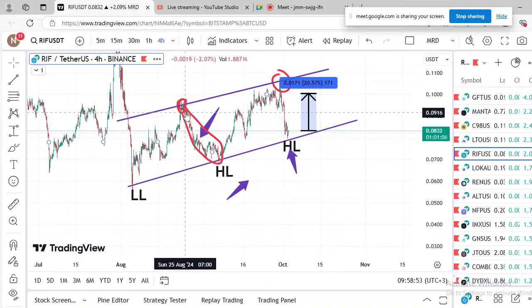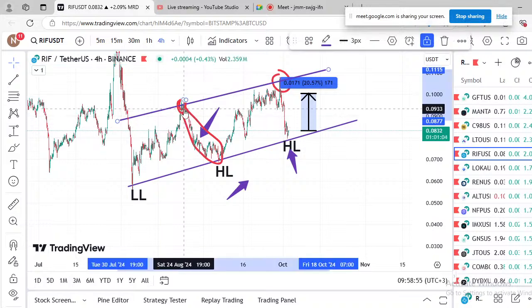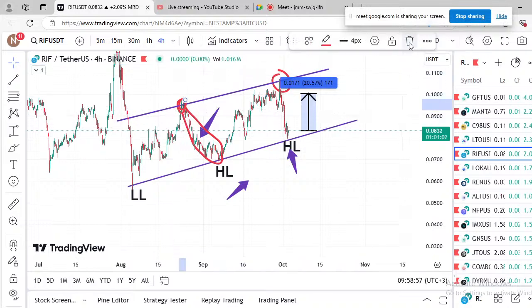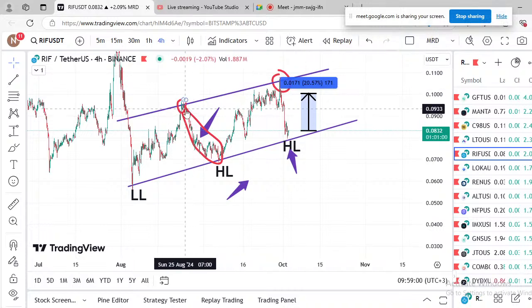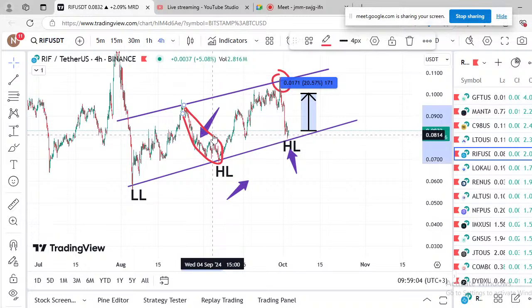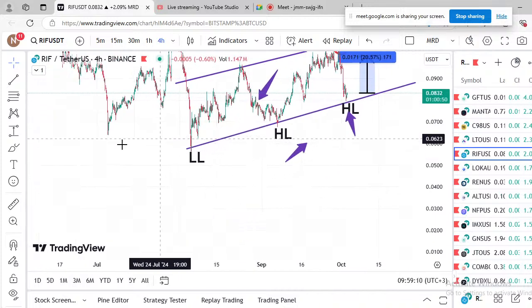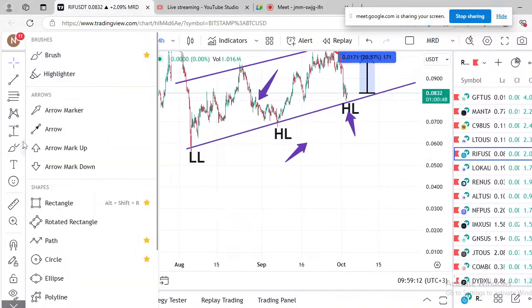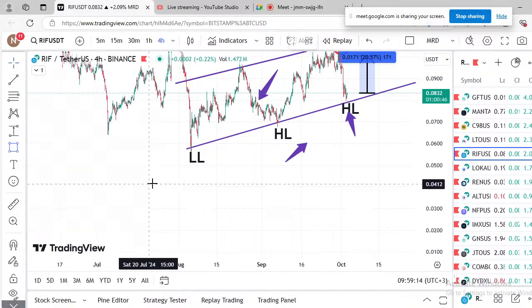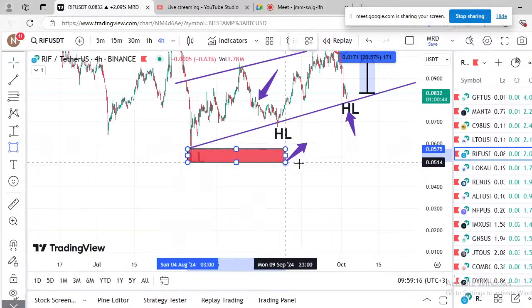Let me talk about this small trend within a trend. Let me rub. I think we talked about drawing lines on the previous low. Now this is the previous low. We have to mark it very well.